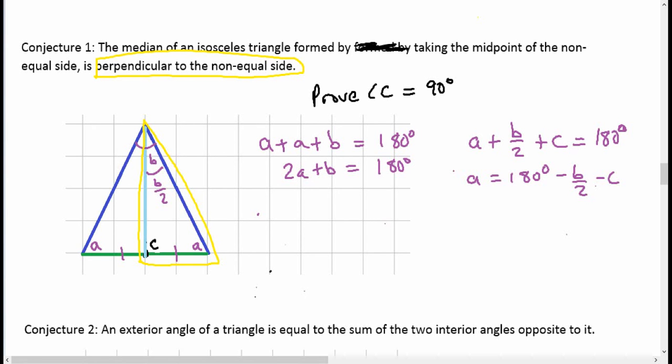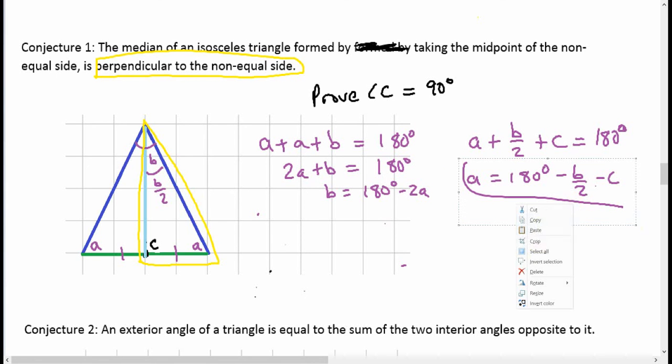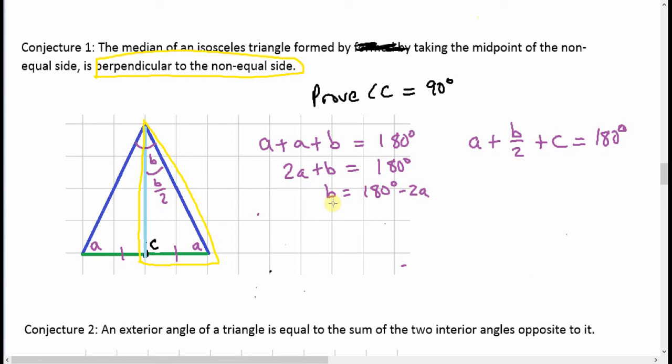Here I'm going to get B by itself. I'm going to isolate the B. I'm going to move this 2A over to the other side. Now I have some information about B. I'm going to put that information into our other equation.